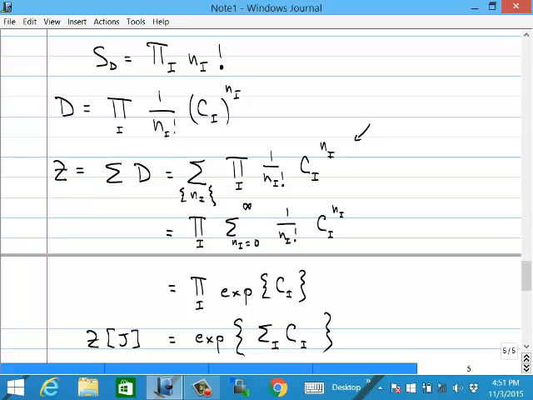It's just the statement that you take the sum only over connected diagrams and you exponentiate it and you get all diagrams. That's kind of what the exponential does for a living. The exponential is precisely the function that does the combinatorics of turning connected diagrams into disconnected diagrams.